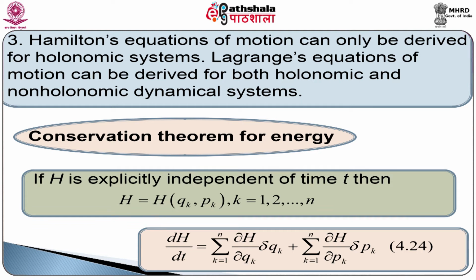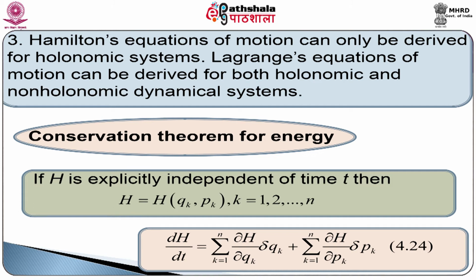If we take the time derivative of the Hamiltonian, then we get dH/dt equal to summation k equal to 1 to n of del H del Qk into Qk dot plus summation k equal to 1 to n of del H del Pk into Pk dot. By Hamilton's equations of motion, we already have Qk dot equal to del H del Pk and Pk dot equal to minus del H del Qk.